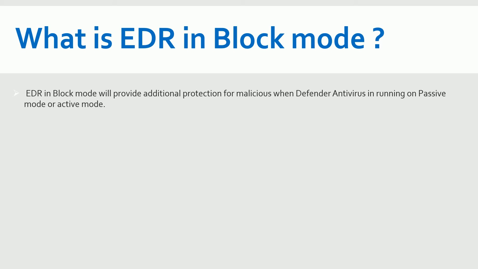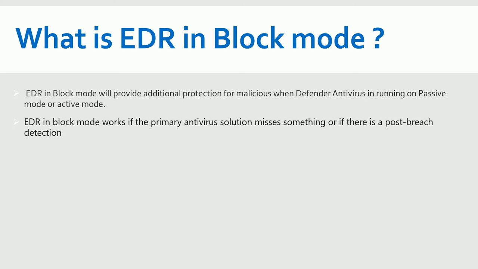So EDR block mode will provide you additional protection when something malicious happens and any other antivirus is working, either Microsoft Defender or any other antivirus. EDR block mode works if the primary antivirus solution missed something, or if there is any post-breach detection.